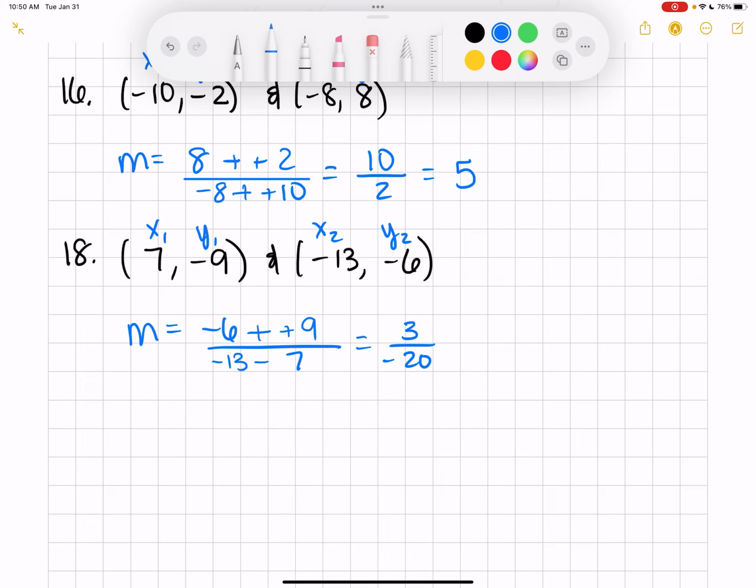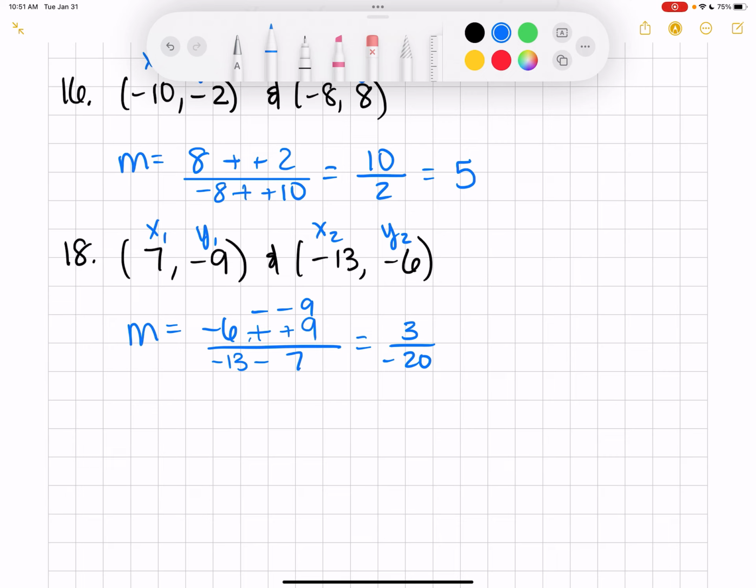Do you have a question? I'm really confused because for my first problem, before I erased it and did the other one, I had -15 over -20. So I'm confused why it turns into 3. Because it's y2, so it's -6 minus, because the formula has a minus in it, and then this was -9. So this was minus -9.